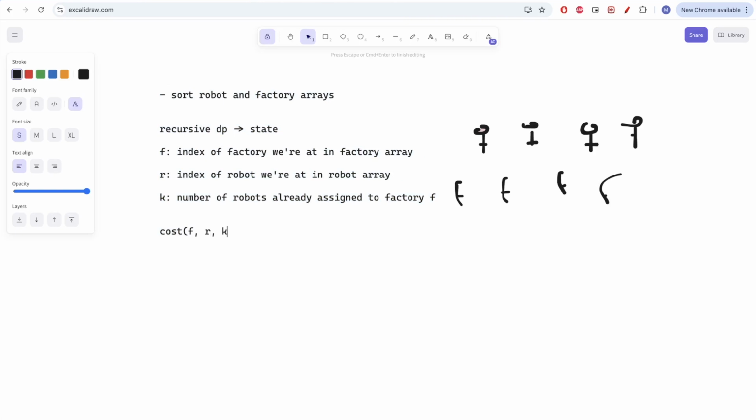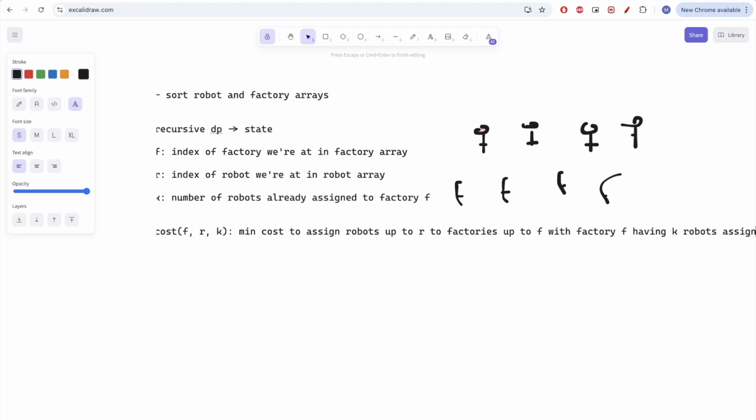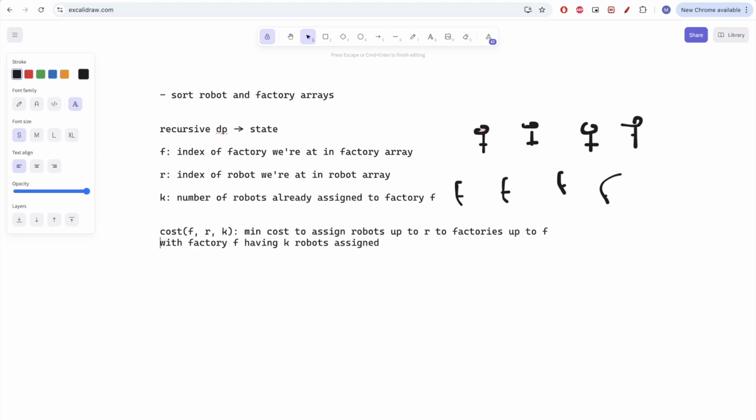So the parameters we said are this, and it is basically the minimum cost to assign robots up to R to factories up to F, right? That's basically what this is, with factory F having K robots assigned. That's essentially what the state is going to be.